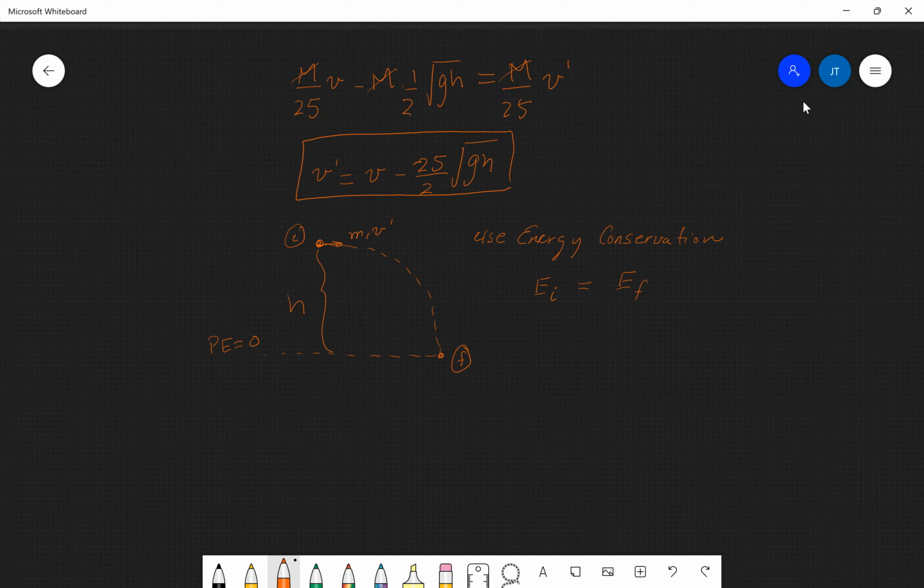So what kind of energy do we have initially? Again, we have to go through our list of energies in our mind. We have potential, we have kinetic, potential again due to gravity and due to spring, we have friction, we have thrust, all of those. None of those are there. The only thing we have right now is gravity and kinetic energy.